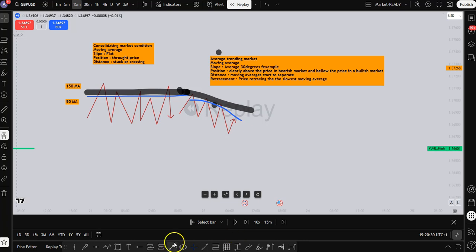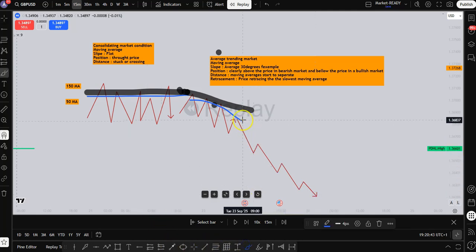When price starts to trend strongly, in this case, you're going to see this.